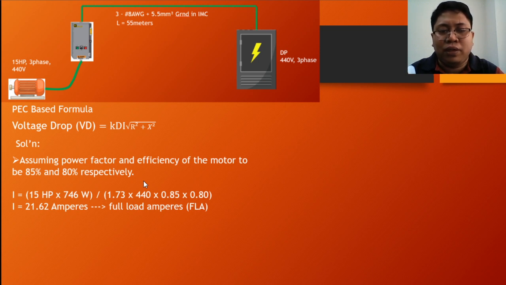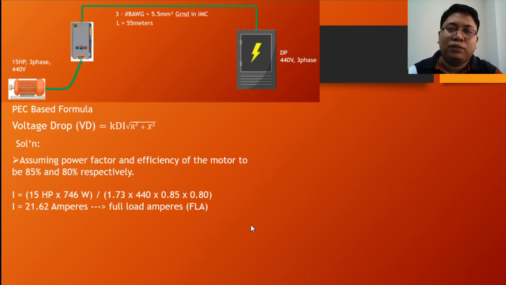Ang lalabas ay 21.62. Tama ba? Okay, so 21.62 ang full load.